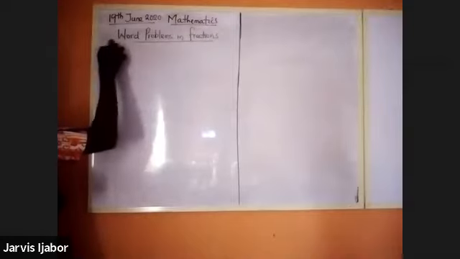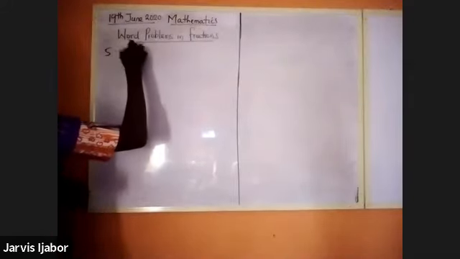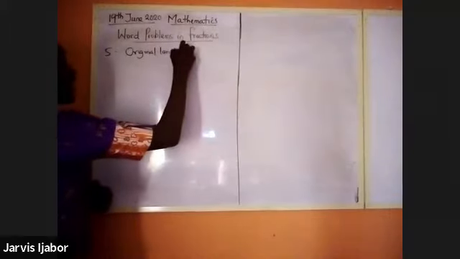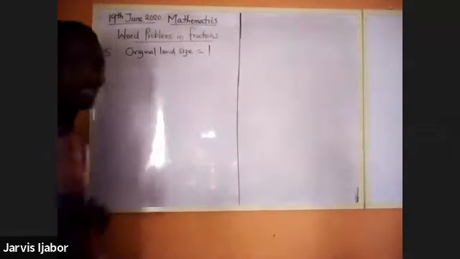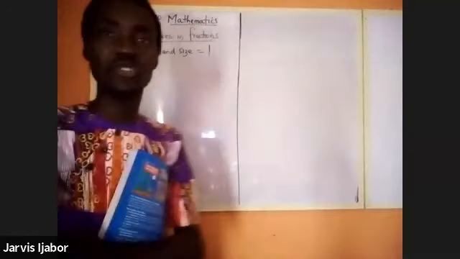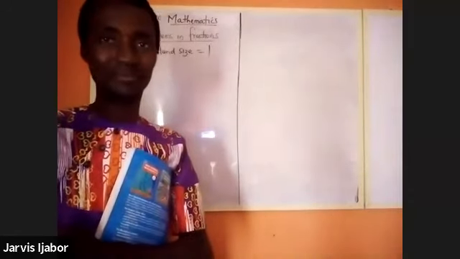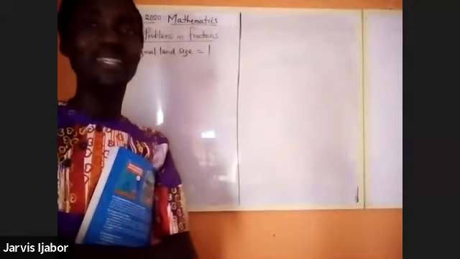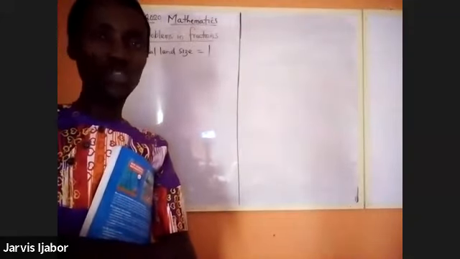So note, original land size is equal to 1. That's something you must remember. When you're dealing with fractions, the original size is always 1. Initial amount is 1. The reference is always 1.